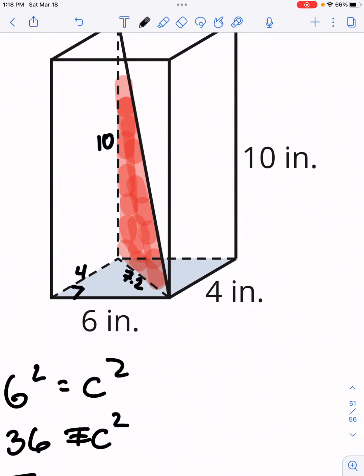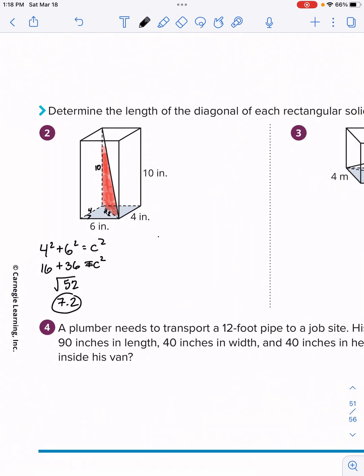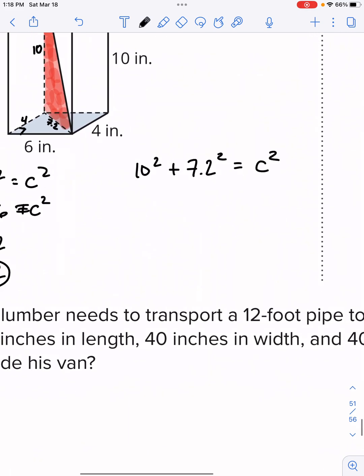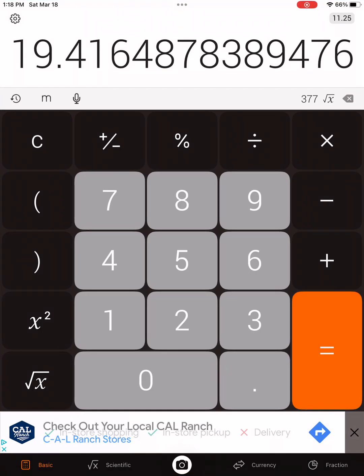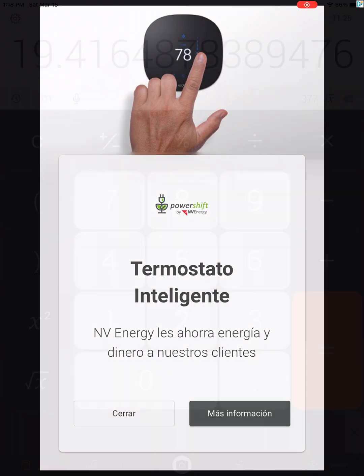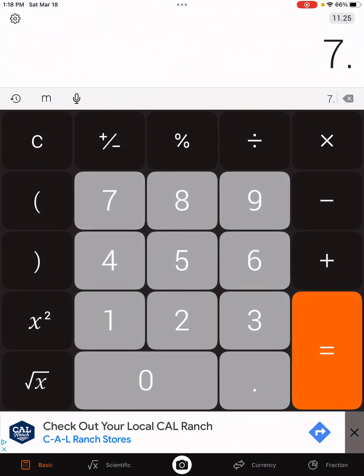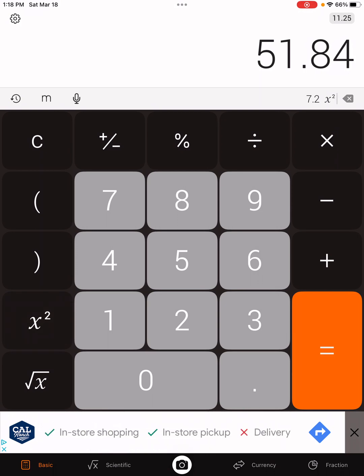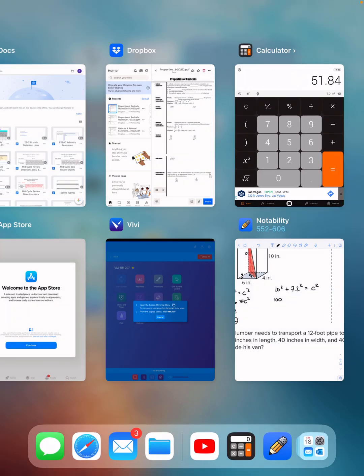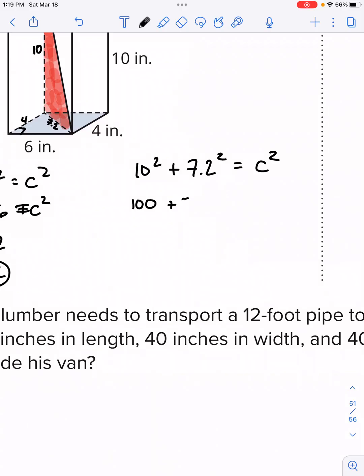I'm going to use that 7.2 and the height of this red triangle, 10, and now I'm going to use the Pythagorean theorem one more time to find the diagonal of the entire rectangular solid. So we're going to put 10 squared plus 7.2 squared, doesn't matter which order you go, equal to c squared. 10 squared is 100. 7.2 times 7.2, what is that? 7.2 squared is 51.84.